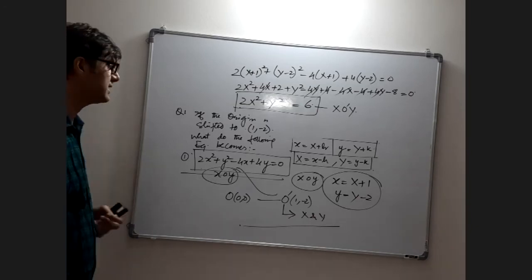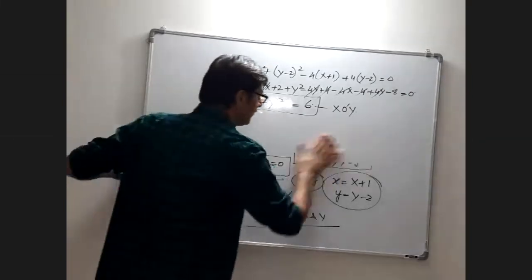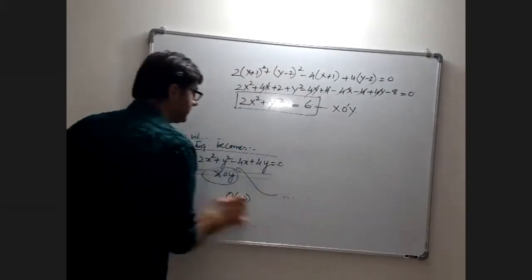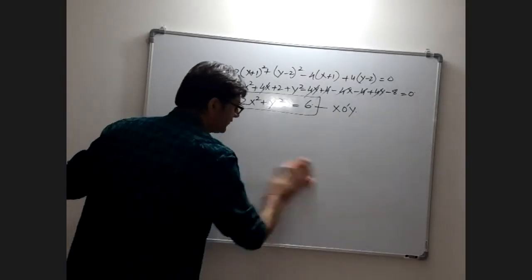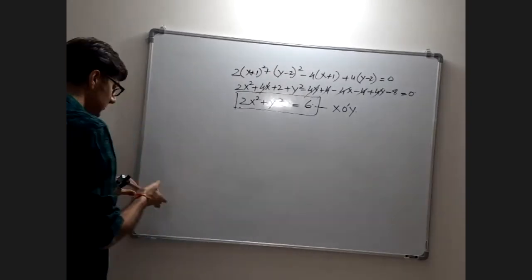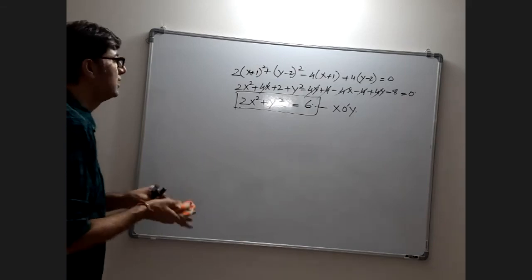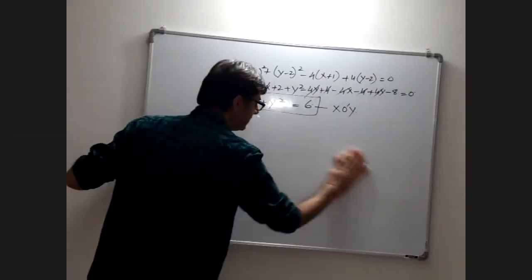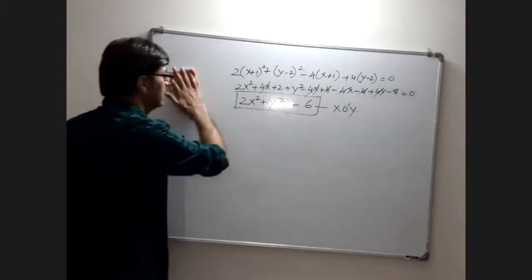Now look, what comes next is the rotation of axes without changing the origin. The origin will remain the same, it will not change, but the axes will rotate through such an angle, and we will see how.